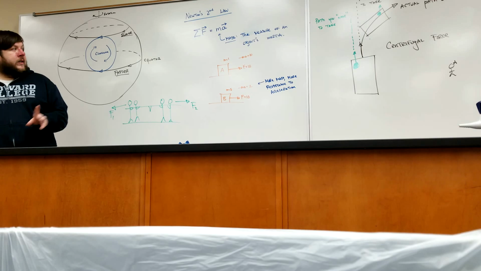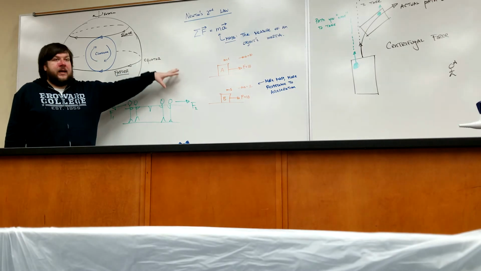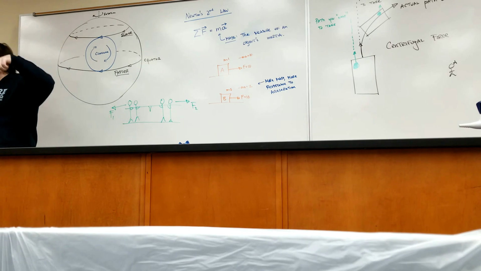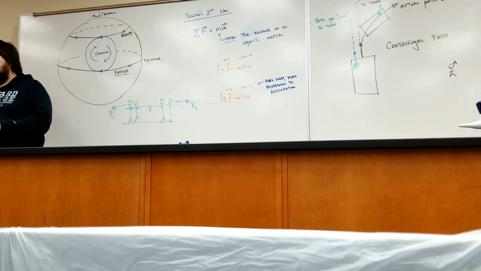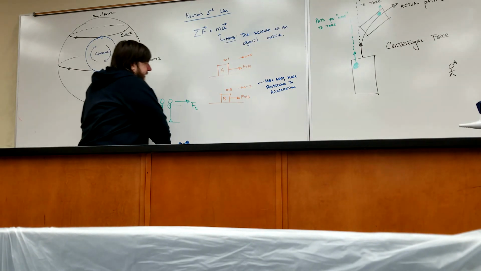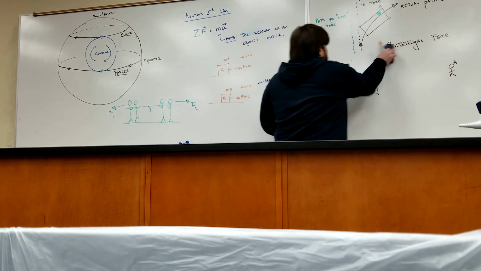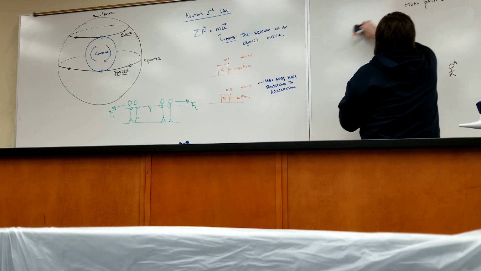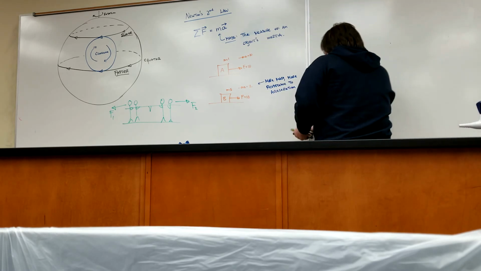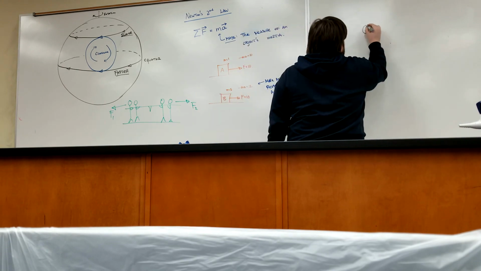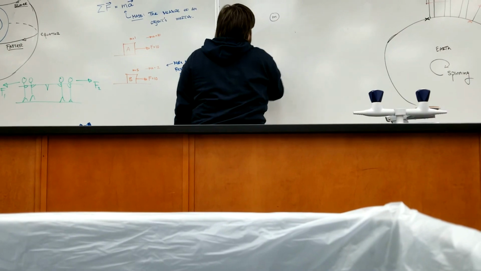Okay, really quickly, what weight is. This is going to be the last thing. Weight is the force of gravity near the surface of the Earth on an object. So if you have an object that's falling freely near the surface of the Earth, you just have a ball with some mass m.